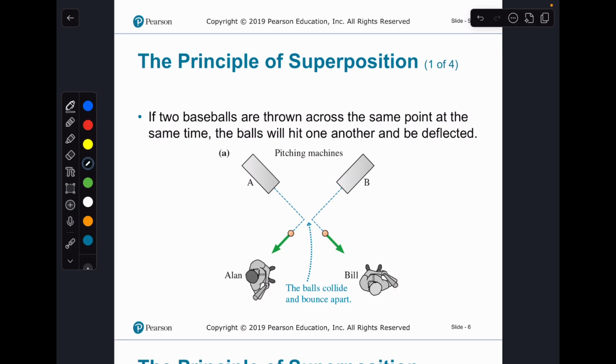When waves interact with each other, they don't bounce off. It illustrates a physical property of objects that we know and understand.